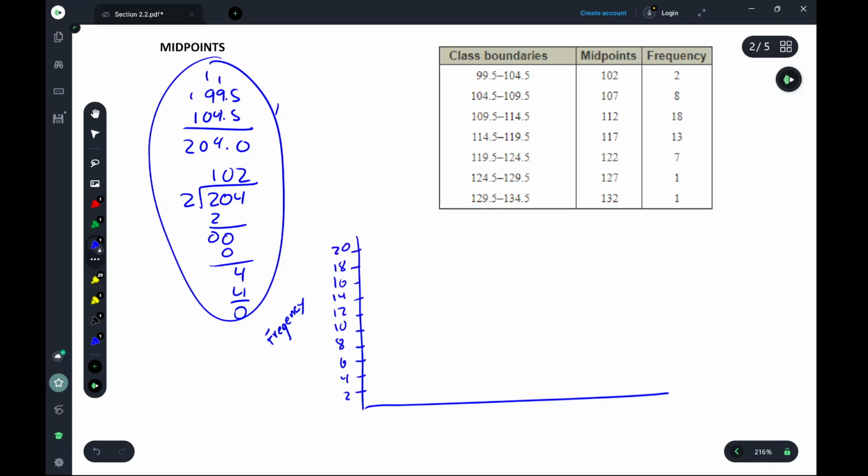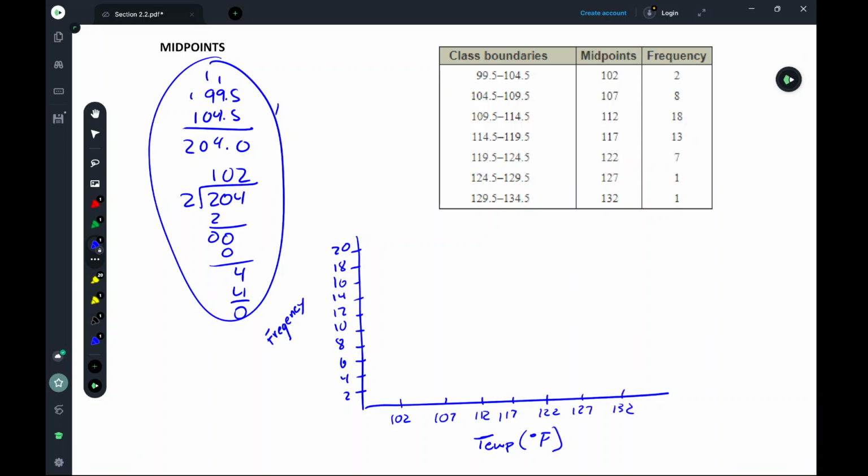But instead, down here of my class boundaries for my temp in degrees Fahrenheit, I'm actually going to put the midpoints. So 102, 107, 112, 117, 122, 127, and 132.